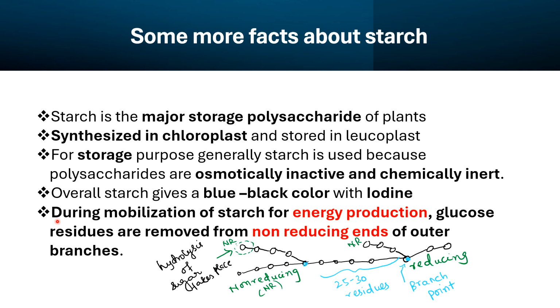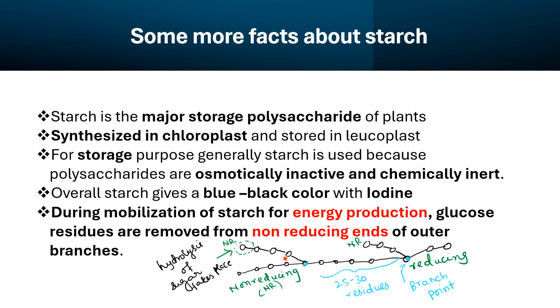Another important fact is that during mobilization of the starch for energy production, glucose residues are always removed from the non-reducing ends of the outer branches. What does this mean?